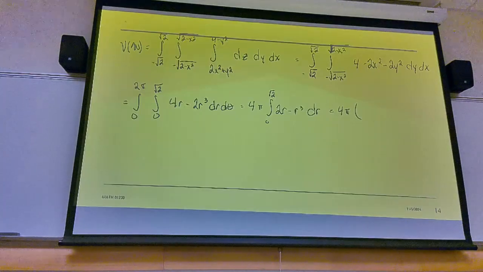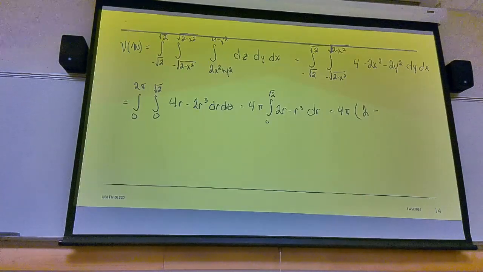Two R antiderivative is R squared, right? You evaluate R squared from 0 to 2, what do you get? I'm sorry, you're right. But I meant 0 to root 2. I said 0 to 2. It should be 0 to root 2. Right.